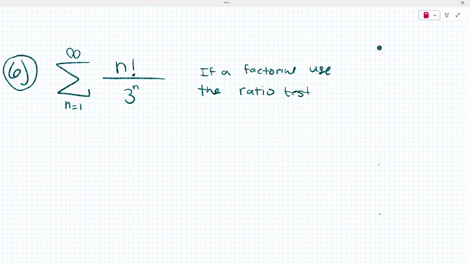So how do we do the ratio test? First, replace n with n plus 1. Then multiply top and bottom by the reciprocal.